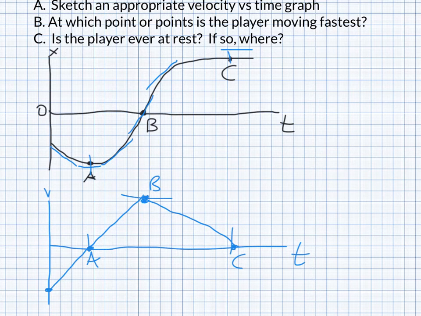So that's important. And then part C, is the player ever at rest? He is definitely at rest. He is at rest at two sort of points. Now, I need to adjust my velocity graph here. If you notice here at point C, that line flattens out at C and then keeps going.